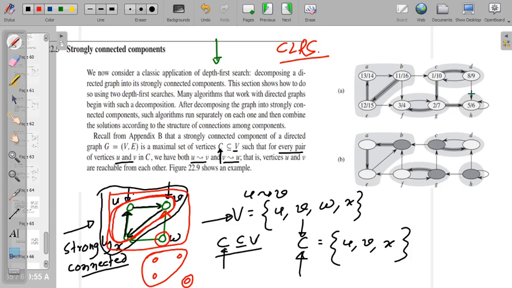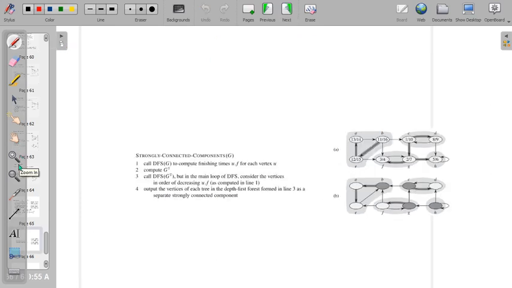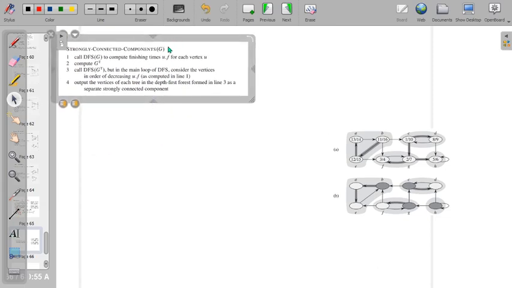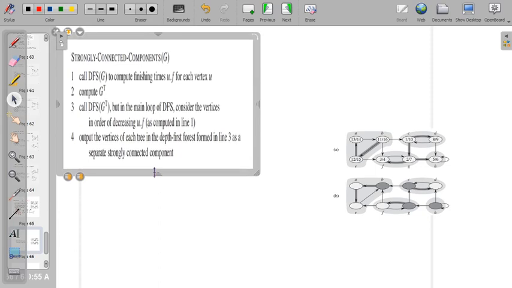So this is the definition of strongly connectedness, and here is the algorithm for strongly connected components.